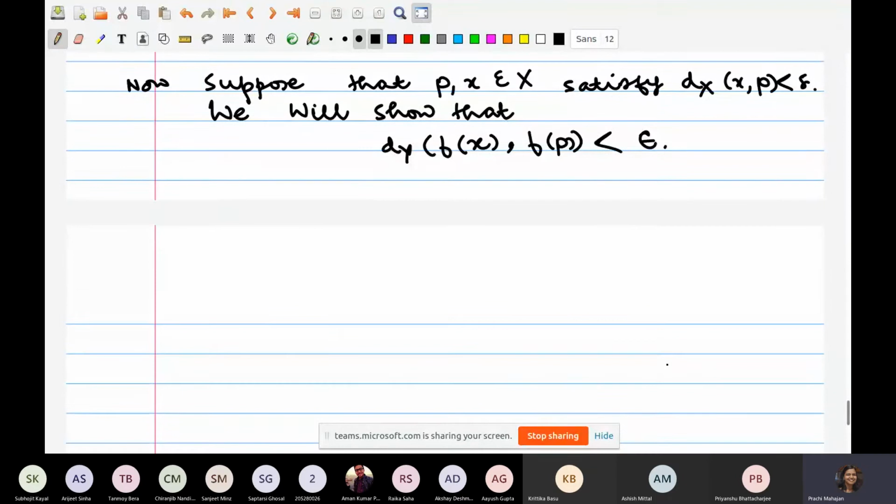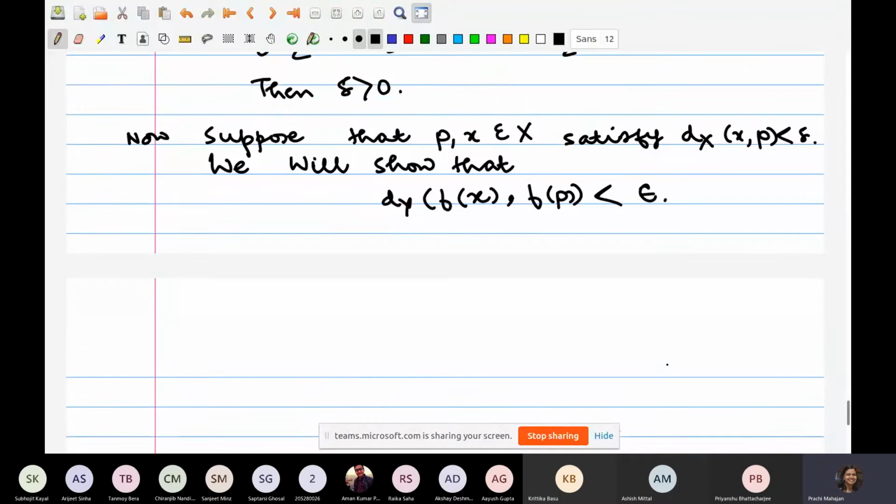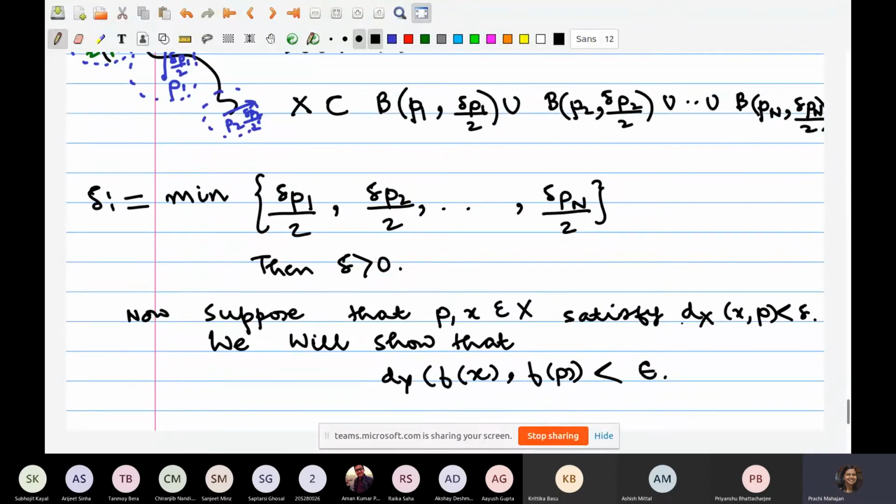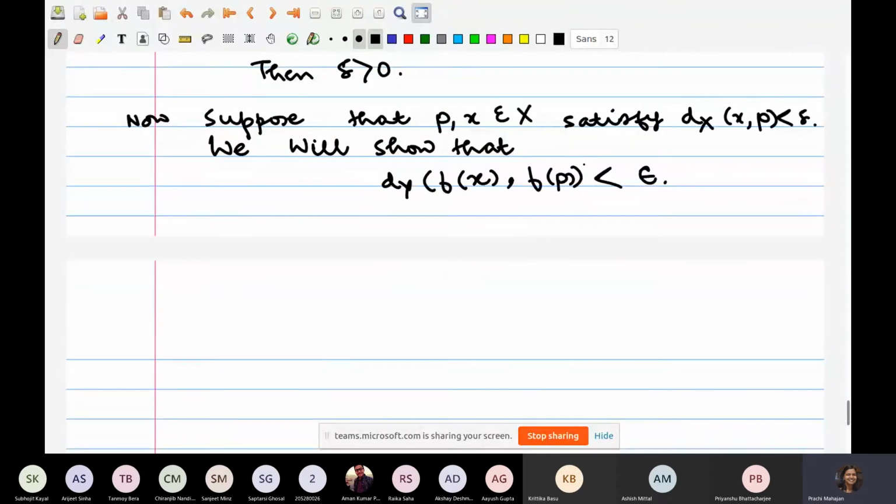So let's see how we do this. Let's look at the point P. Now the point P is in the set X, and X is contained in the union of these finitely many balls. So P would be contained in at least one of these balls, right? So let me fix one of them which contains P. Choose k between 1 and capital N so that the point P belongs to the ball around the point pk.